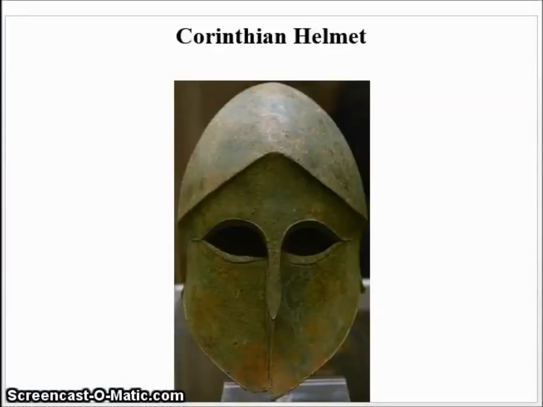Now, another key piece of gear that was worn by the Greek hoplites would be the Corinthian helmet. And as you can see here, it doesn't have any ear holes. It's very claustrophobic. You can see, I guess, barely, but your head and face are very well protected.